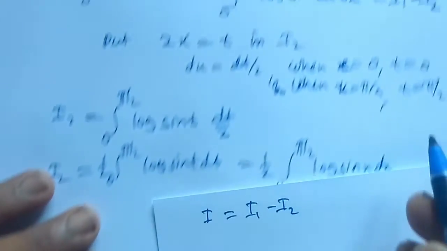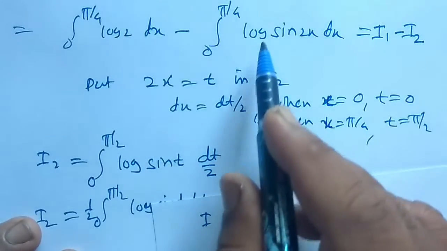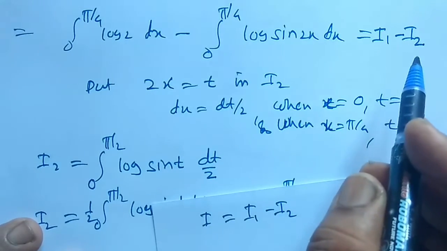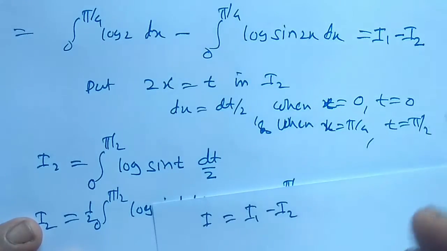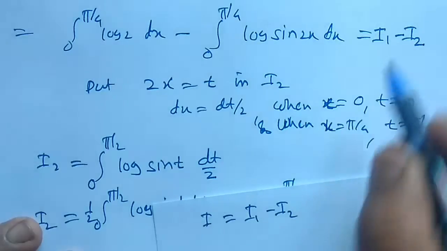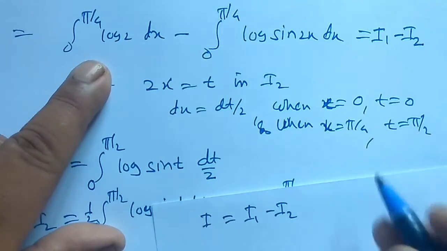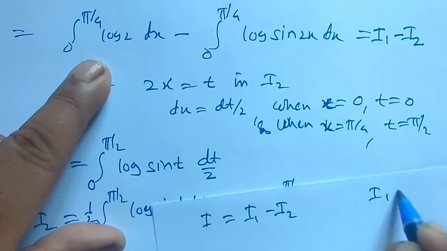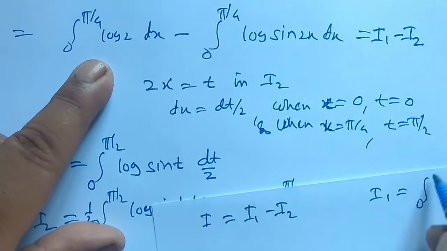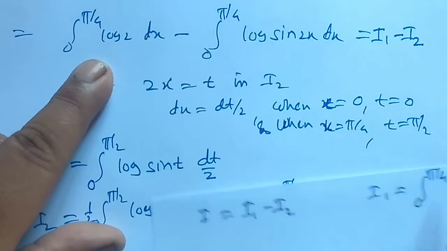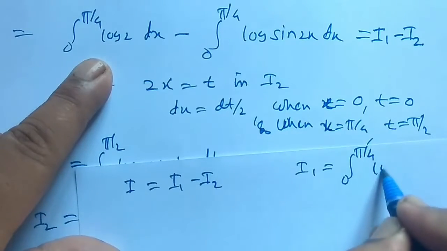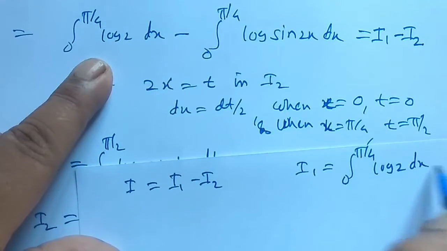I2 we have just calculated. I1 is equal to the integration from 0 to pi by 4 of log of 2 dx.